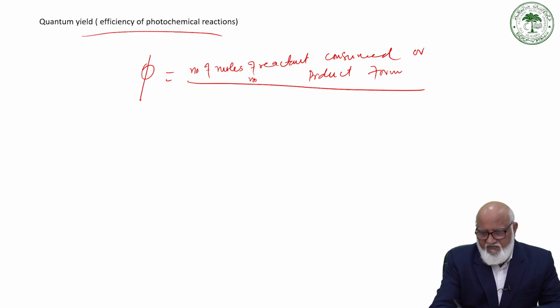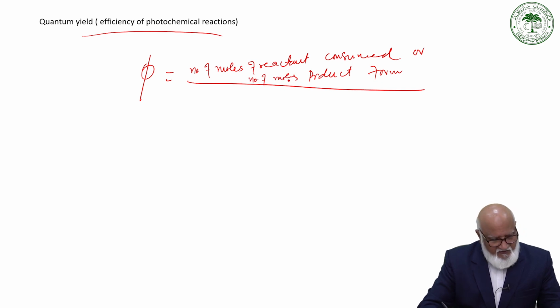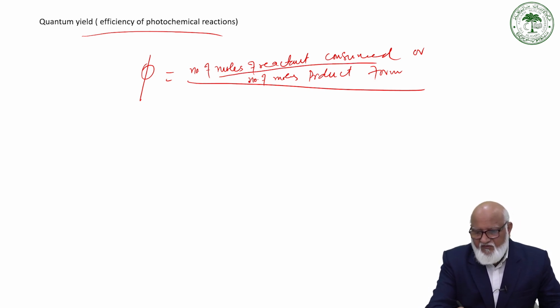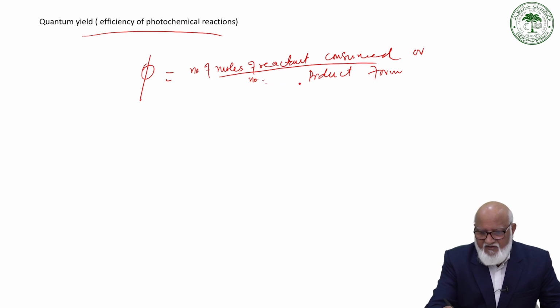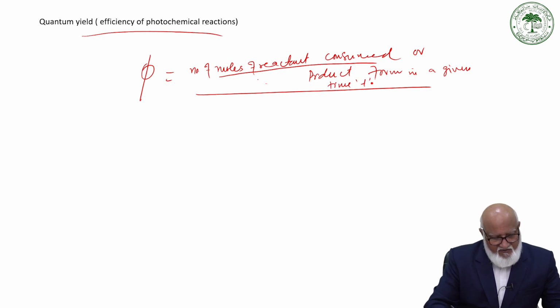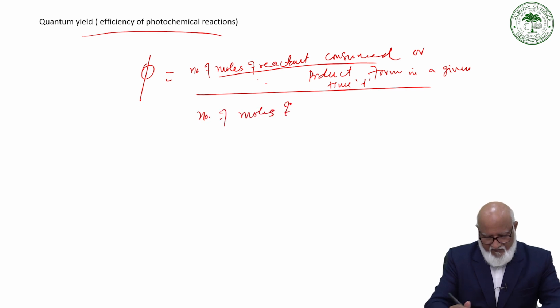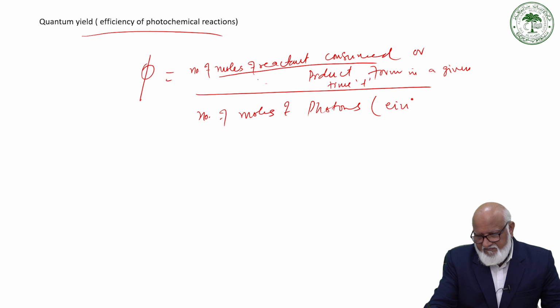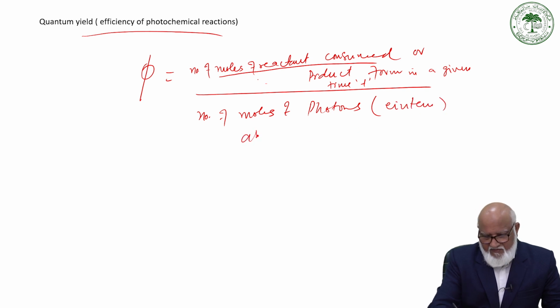or the number of moles of product formed in a given time t, divided by the number of moles of photons, in terms of Einstein, absorbed during the same time.